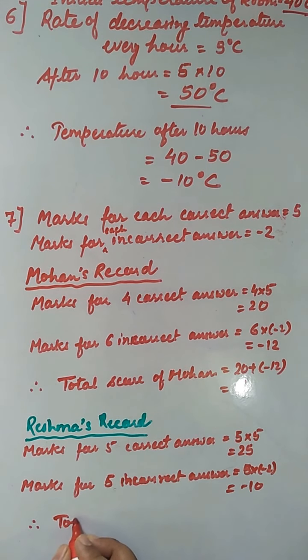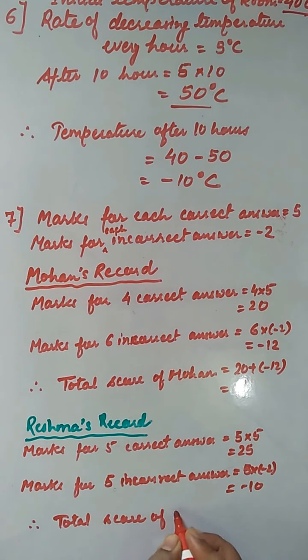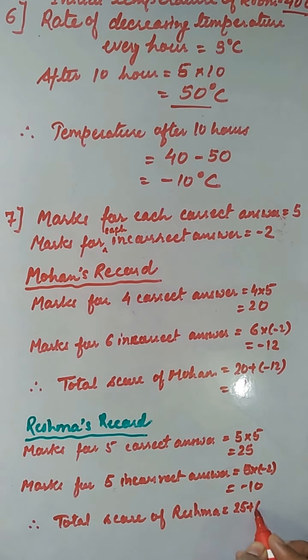Therefore the total score of Reshma will be 25 plus minus 10. This will be 10 marks. So Mohan got 8 marks, Reshma got 10 marks. Note this much in your copy.